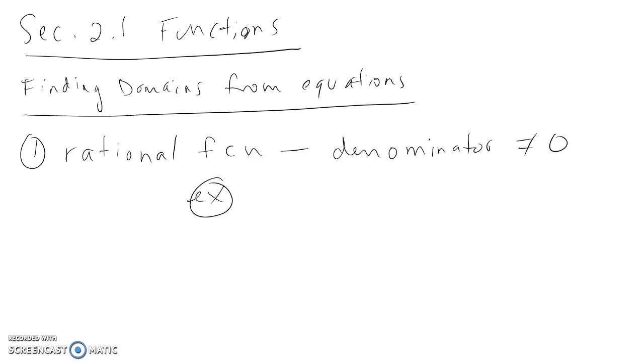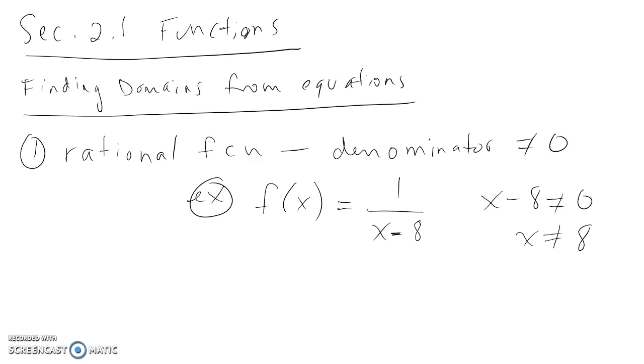Let's look at an example. If we look at f of x equals 1 over x minus 8, x minus 8 cannot equal 0. So if we take a look at this non-equation and solve it for x, that means that x cannot equal 8, because that's what would make this denominator 0.